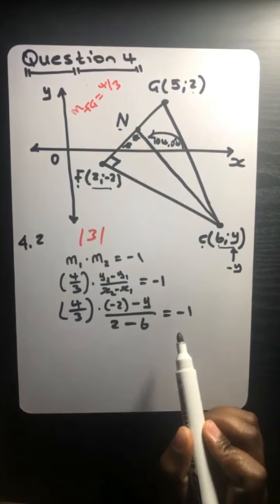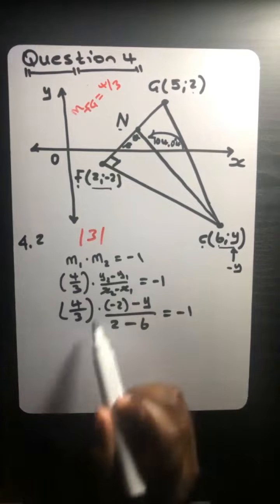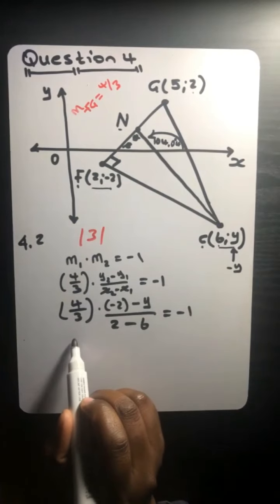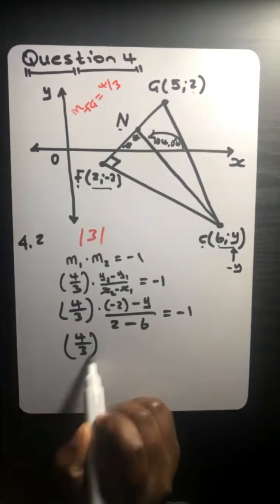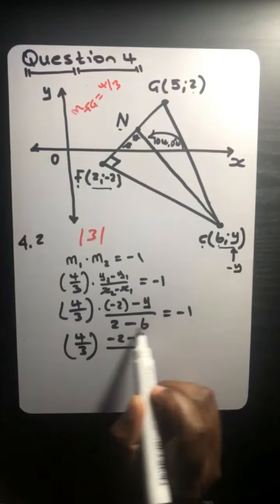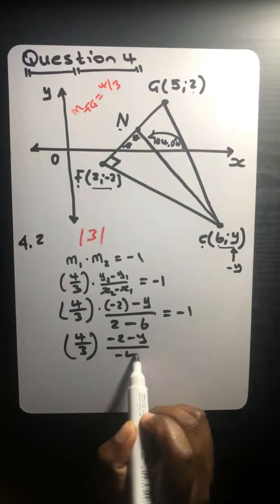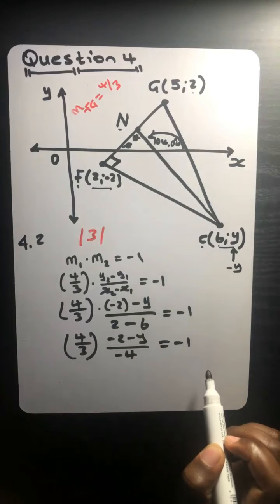So good people, I've given you enough time to work that out. So let's see. We've got 4 over 3 equals (-2 minus y) divided by, what is that? I think this is -4, which equals -1.